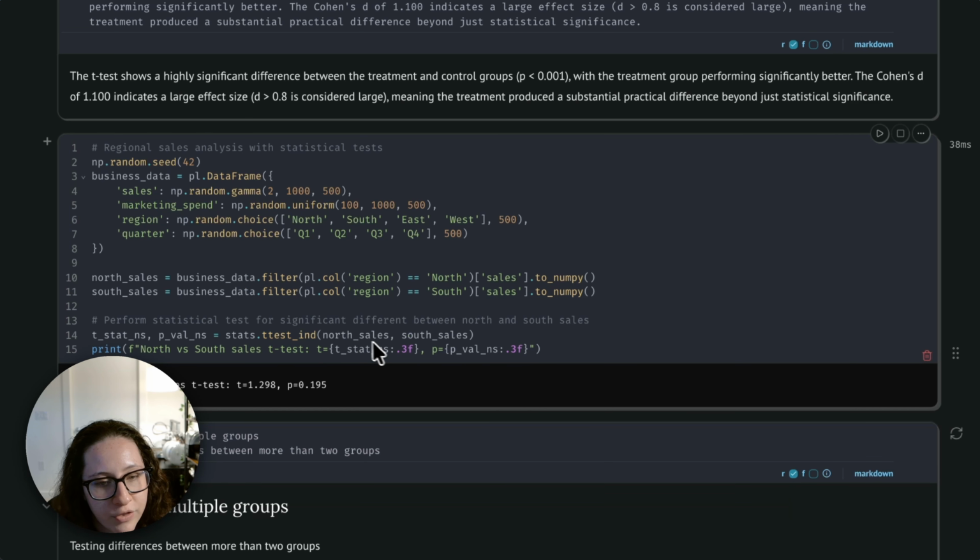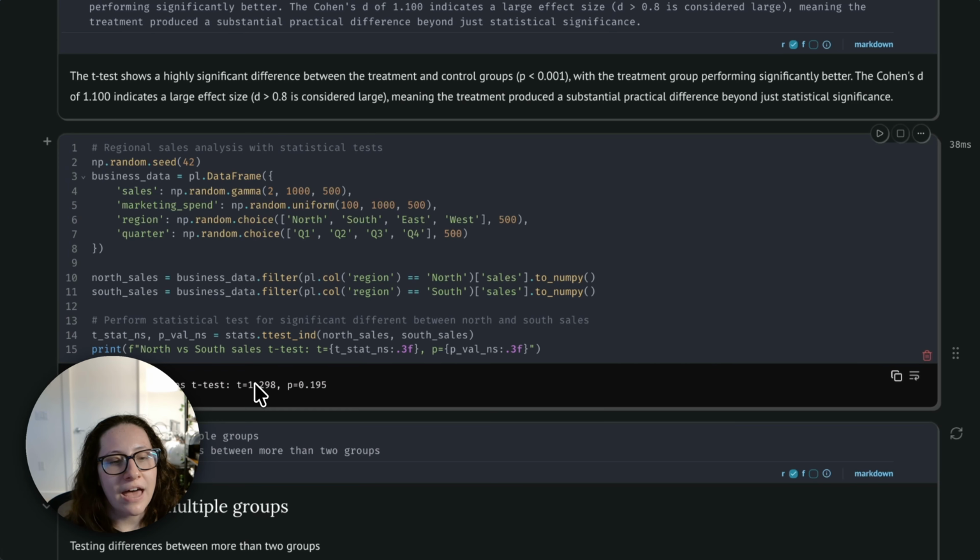We're going to run this test on the north and south sales data, and then it's going to return the t-stat and the p-val stat, again using different names for the variables because we can't repeat variable names or reassign variable values, which we love. And in this case, we're seeing a t-statistic of 1.298 and a p-value of 0.195. So in this case, these are not such extreme values.